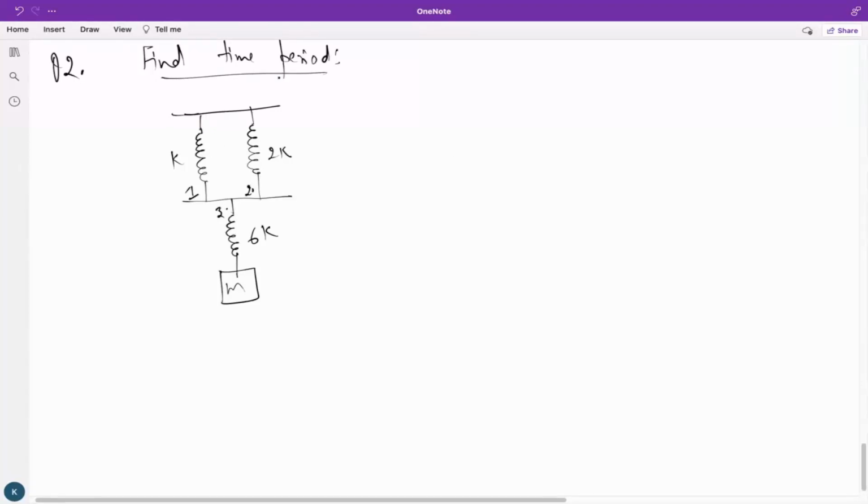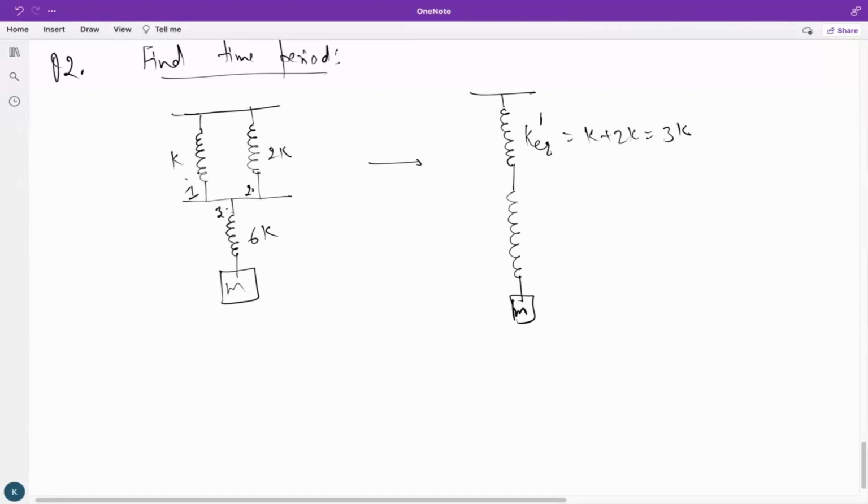But we do know that 1 and 2 are connected in parallel. So let me reduce it to such a system. In parallel, let me term it as k equivalent dash, which is equal to k1 plus k2. So it will be k plus 2k, which is equal to 3k.